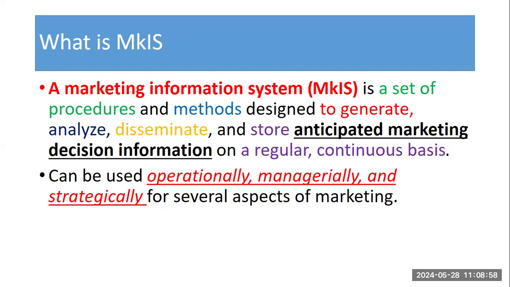This definition gives us an idea of what the marketing information system is all about. The purpose of the marketing information system is to generate information. How can they generate it?